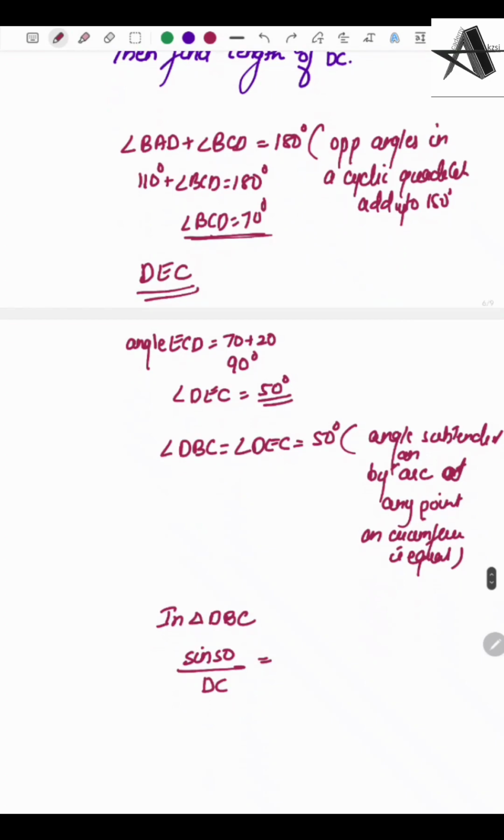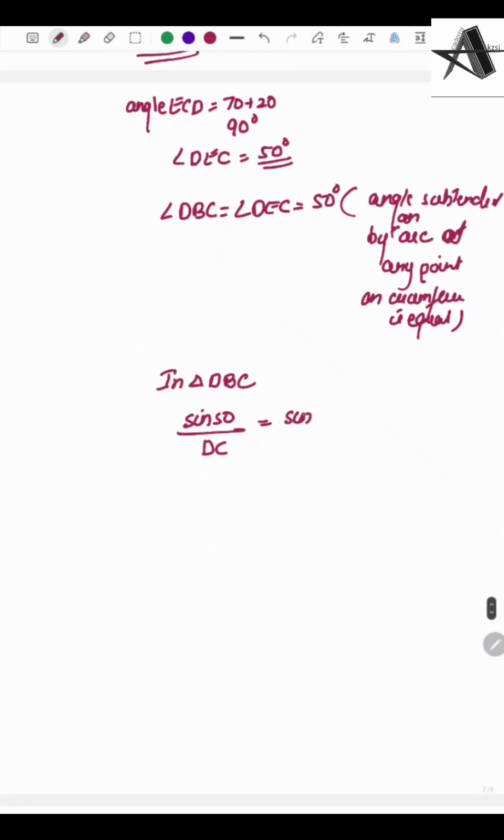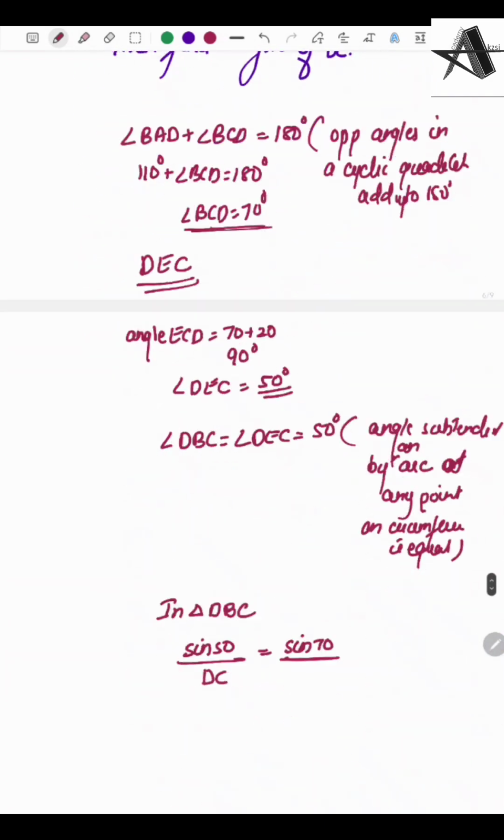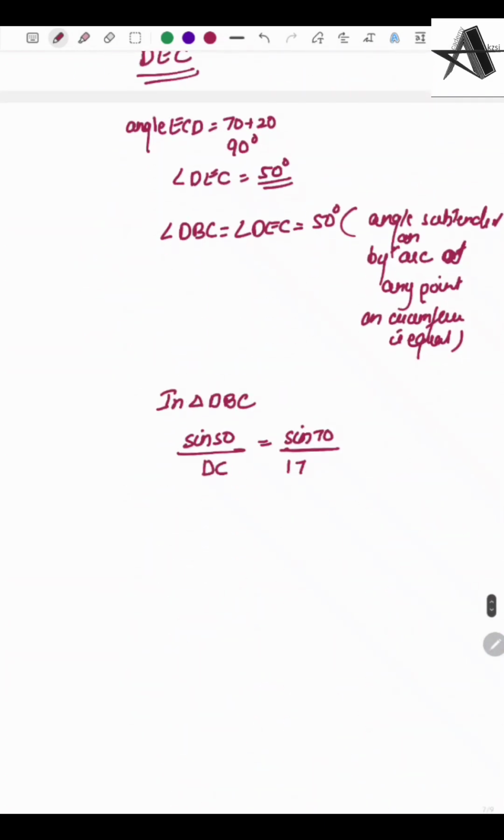So sine of angle 70 over the opposite side, that is 17 mentioned here. Only rearrange it and get the answer. I'm just cross multiplying it. It will give me 17 times sine 50 is equal to DC times sine 70.